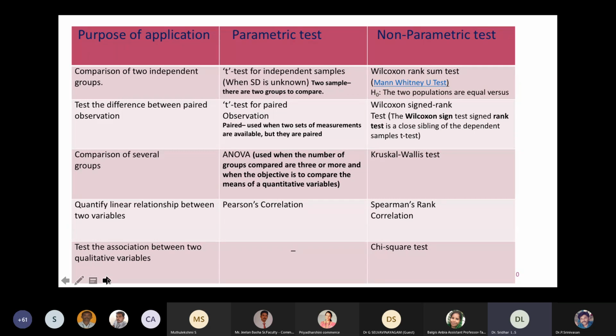You have to define whether it is parametric or non-parametric, and based on that, you have to choose the applications. For the non-parametric test, if you like to compare two independent groups, the alternatives, when your data set falls under the non-parametric, you have to use the Wilcoxon rank sum test or the Mann-Whitney U test.